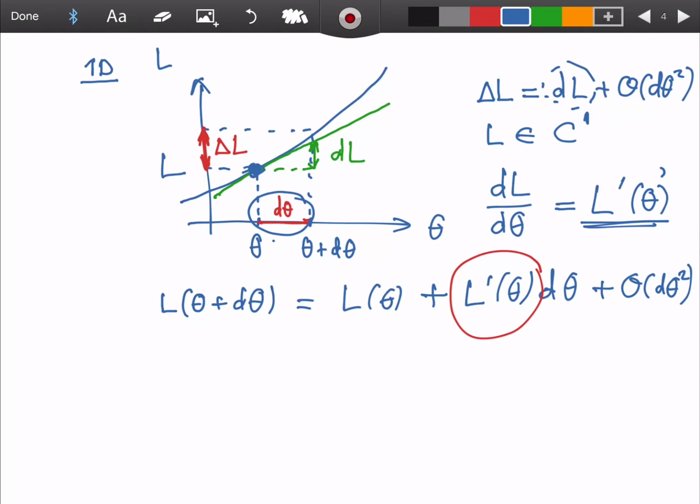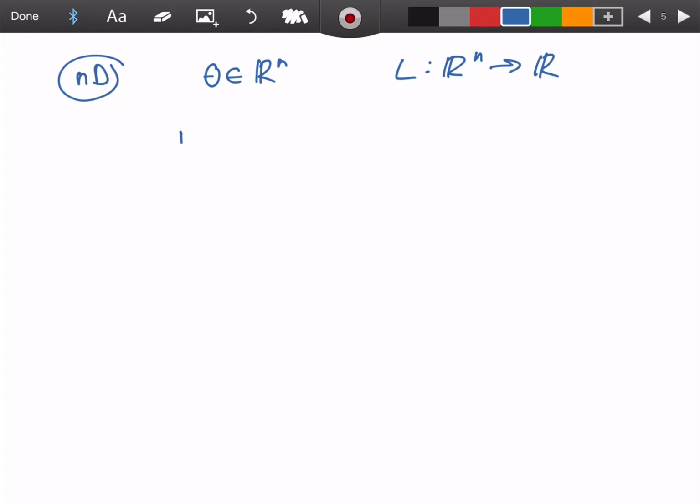In the n-dimensional case, we of course have theta in R^n, and the function maps from R^n to R. And I will use the definition that usually goes under Taylor's theorem as my definition of the derivative. You can show that Taylor's theorem is sort of an if and only if statement, so you can use it to define the notion of the derivative. I will use it exactly in the same way.